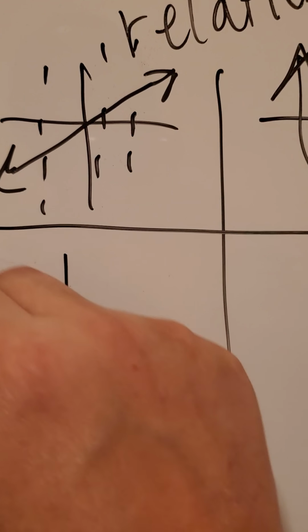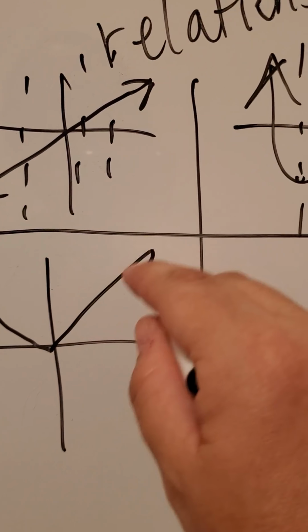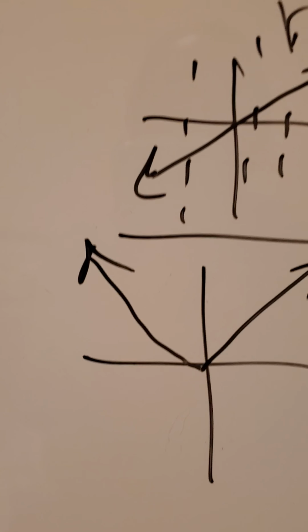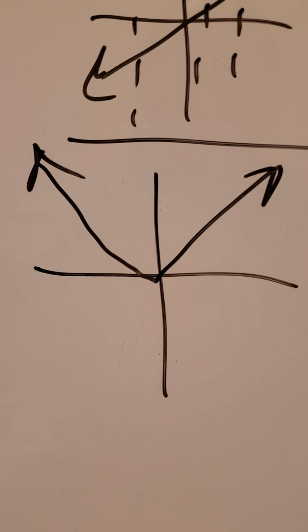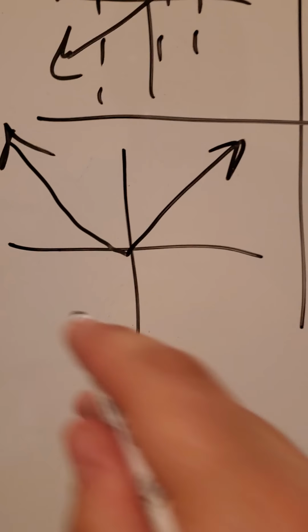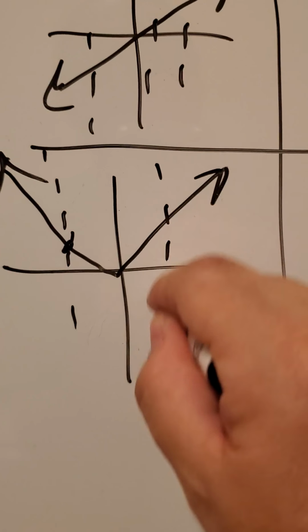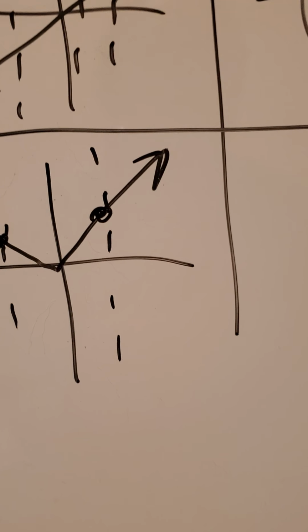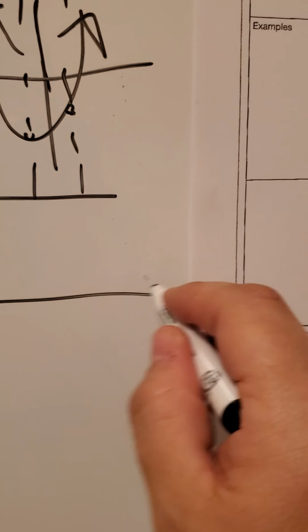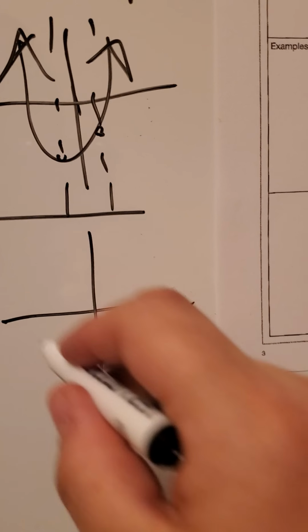Another one may be absolute value. I don't know if you guys remember absolute value, but it's that V shape, okay? Because with absolute value, remember, my answer is always positive, so I'd never have any negatives down here. It would also pass that vertical line test, right? You could also have a quartic function, okay?